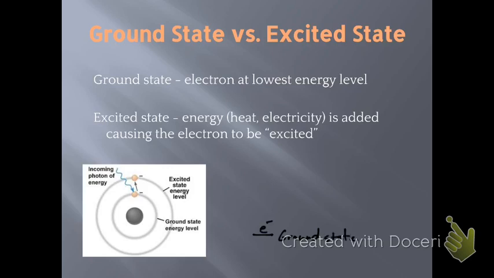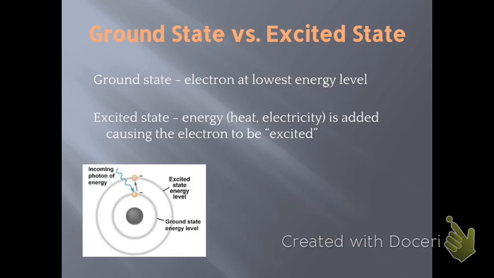Once you add something like heat, electricity, or light in the photoelectric effect, let's say red is my energy. If I add this energy, the electron gets excited because it now has energy, so it gets boosted up into an excited state. An excited state just means we added energy to this electron.